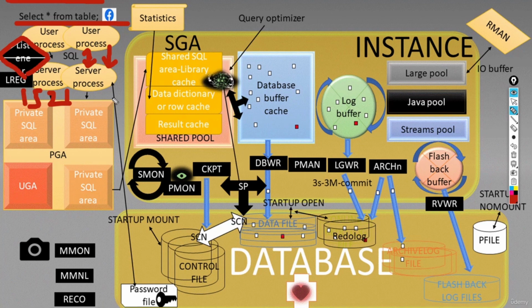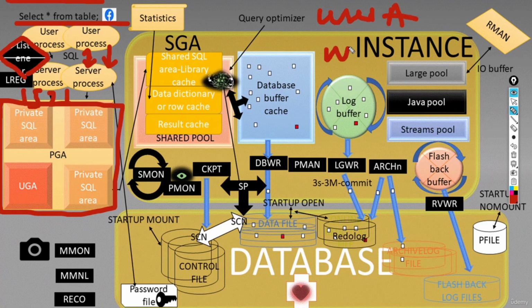Once the server process is allocated, a private SQL area will also be allocated for each and every session which is executed. Consider that there are two users, user A and user B. Both these users may have different requirements. User A may be executing one query and user B may be executing a different query.